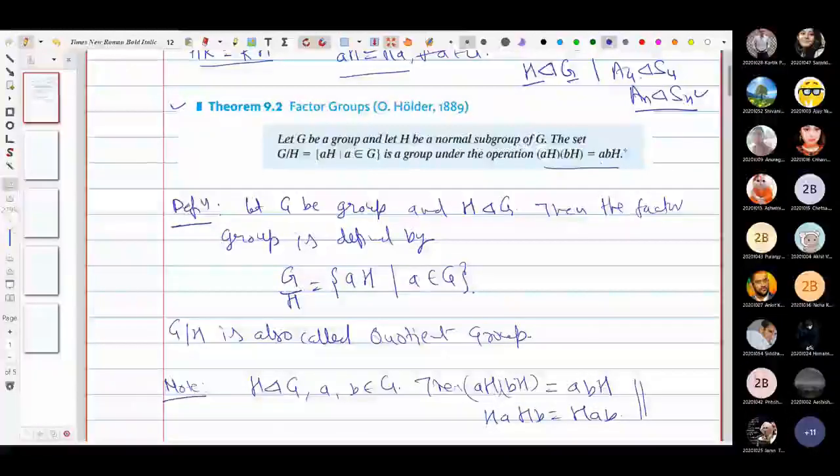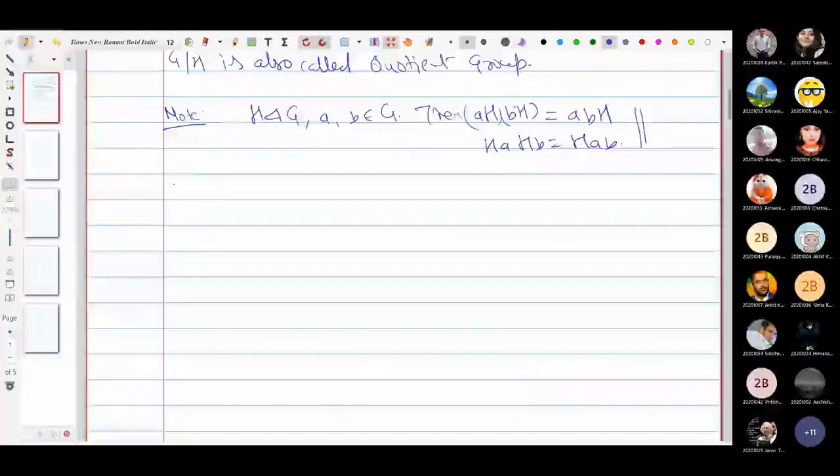First of all, one thing we should note: when we are going to define some operation, we need to verify the validity of that operation. That is, the operation should be well defined.